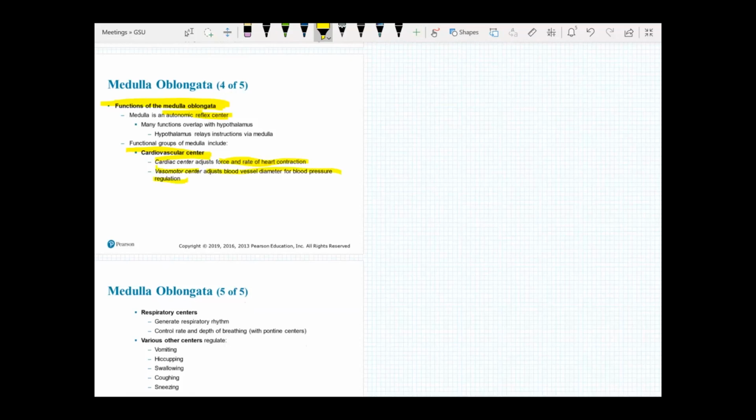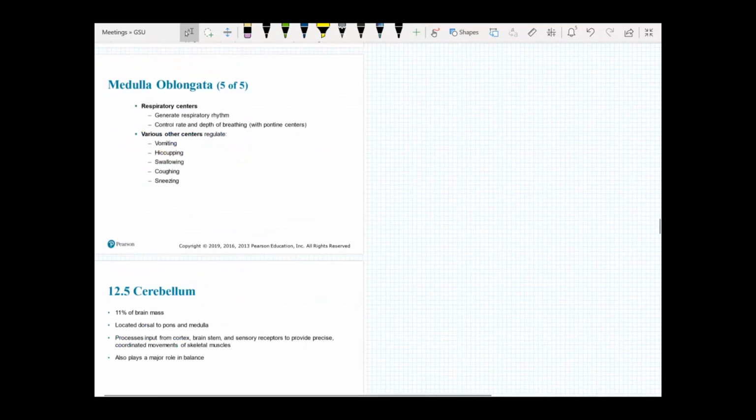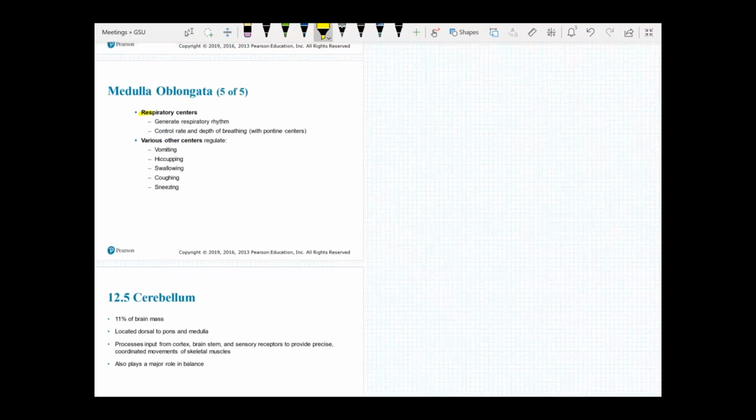So it is very important in both the autonomic nervous system and cardiovascular system, and also the respiratory system, because it will generate your breathing rhythm and the rate and depth of your breathing. That is a big one for your medulla.